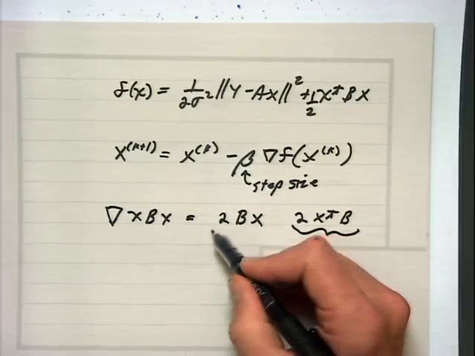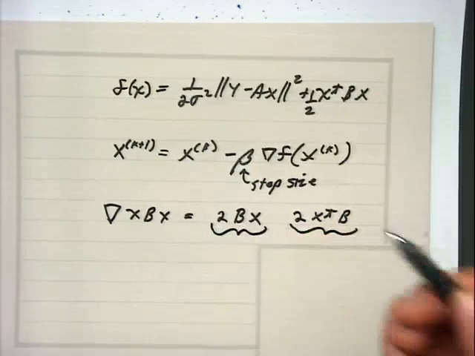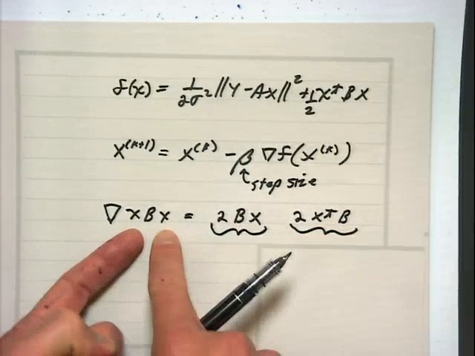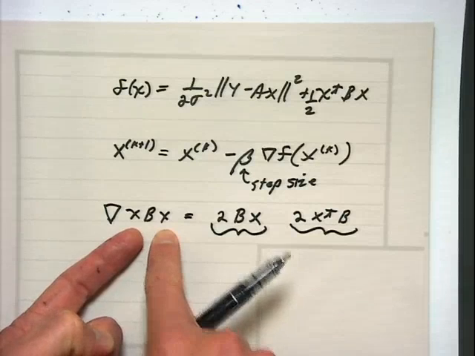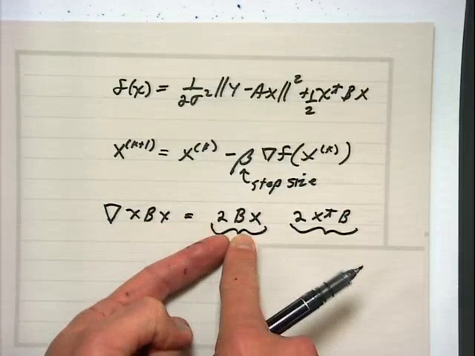In any case, this is what it is, and it's a lot like just taking the scalar derivative, like when we had x squared. And if you don't believe it, you can just work it out in detail.